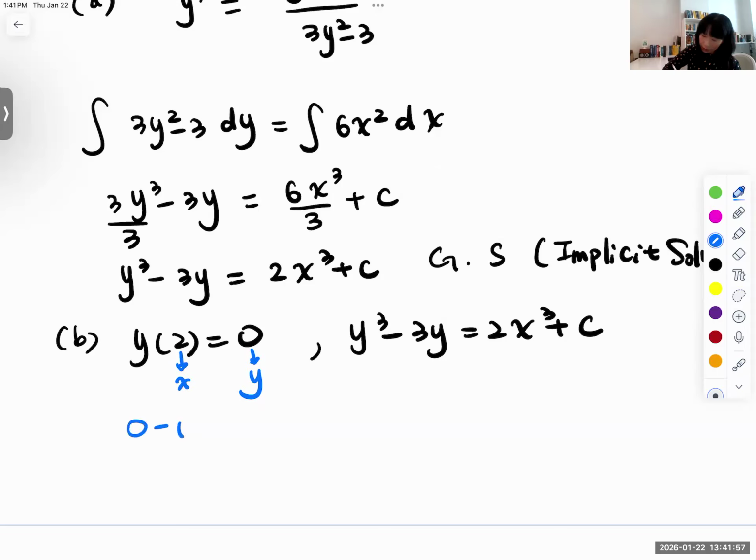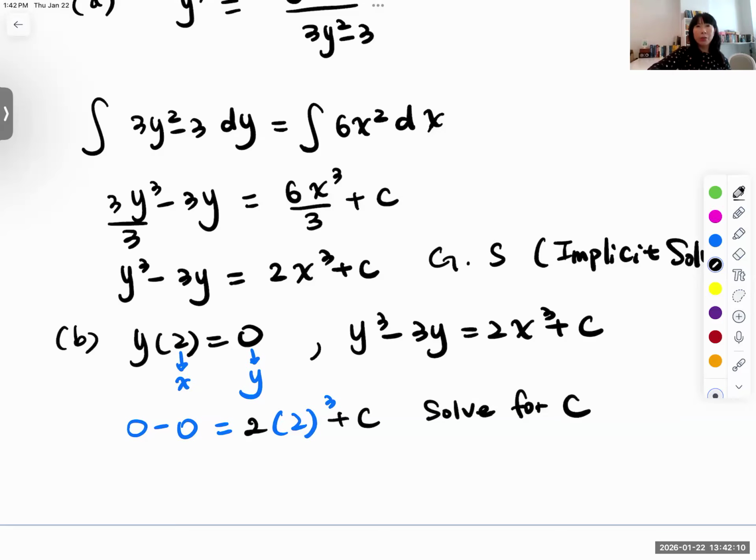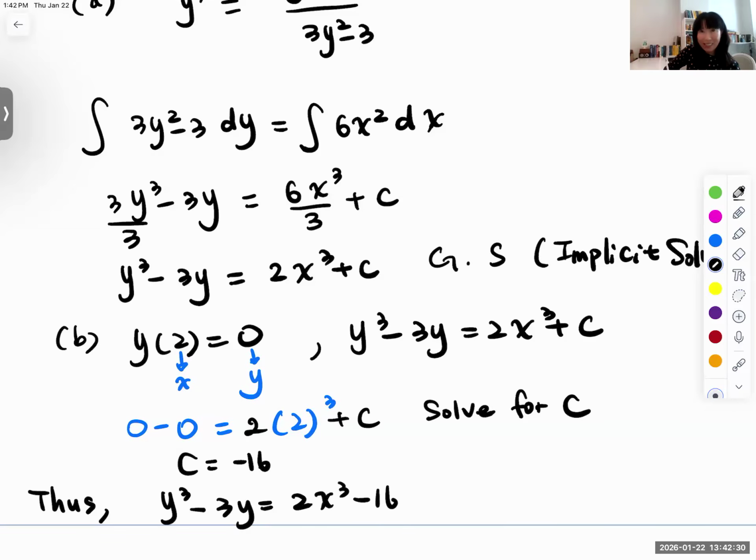So 0 minus 0 equal to 2 times 2 to the third power plus c. And solve for c. Okay, so what do you get? 16? Negative 16? Good. Okay, so we have particular solution, which is y to the third power negative 3y equal to 2x to the third power minus 16. Particular solution.